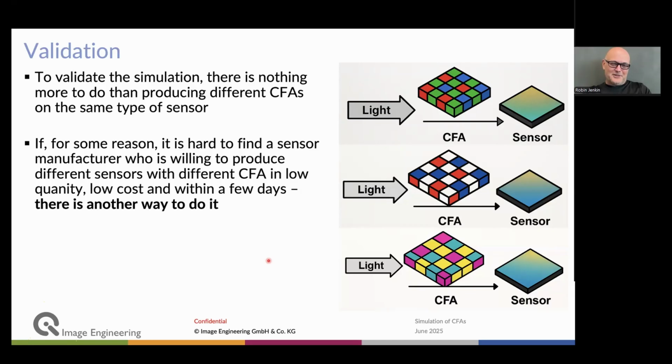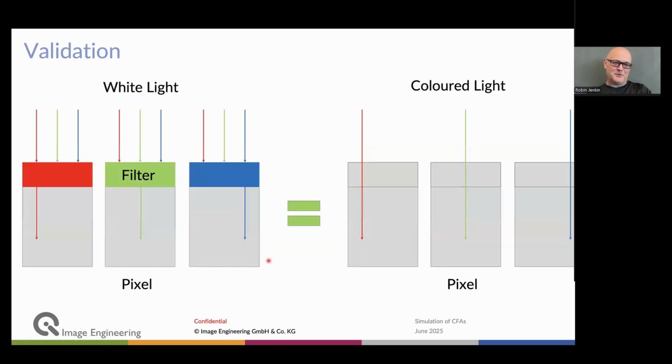So we need another way of doing this, really, and this is where the spectral light source comes in. Usually light falls onto the sensor, filtered by the CFA, and that gives us our color in our pixel. And we can think of it a slightly different way.